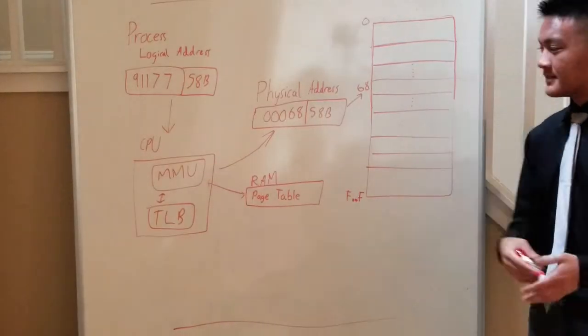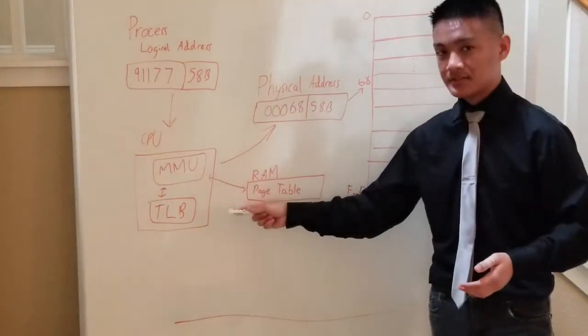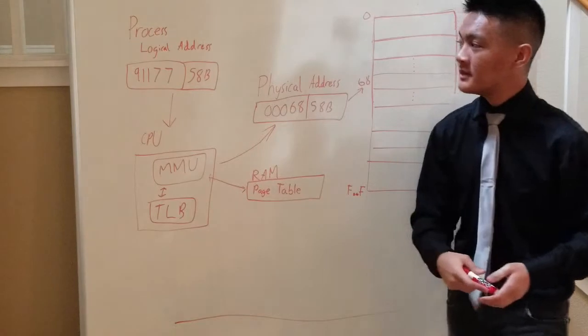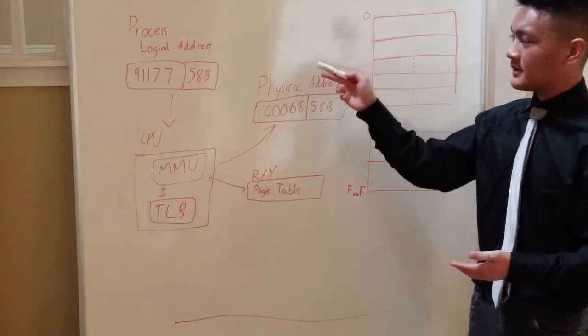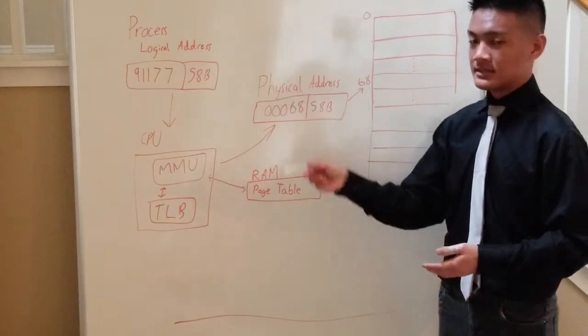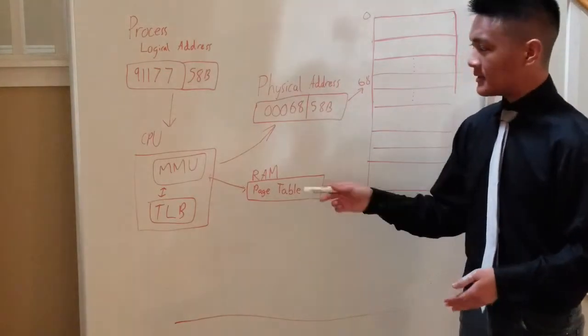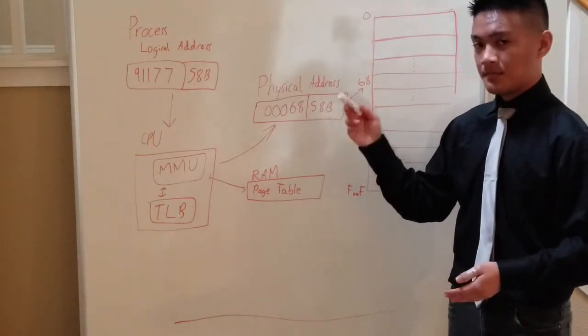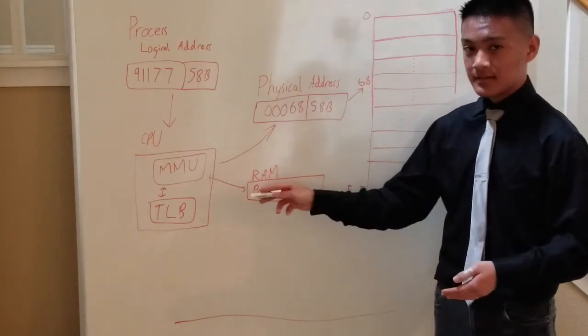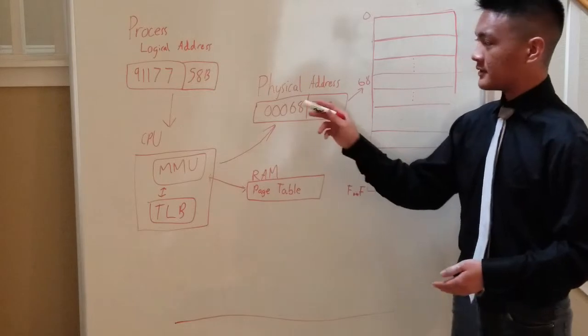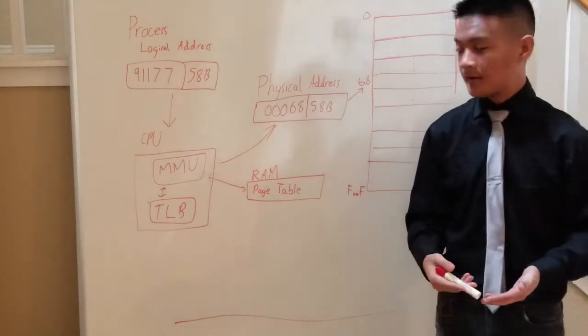Alright, so let's go back to this diagram now that we've added the translation lookaside buffer to the CPU. So the steps are pretty much the same, beginning and end. The process is going to request data from logical address 9117758B. The CPU is going to take that logical address, but before the MMU goes to the page table in RAM, it's going to first look at the TLB to see if the logical to physical address mapping is already there.